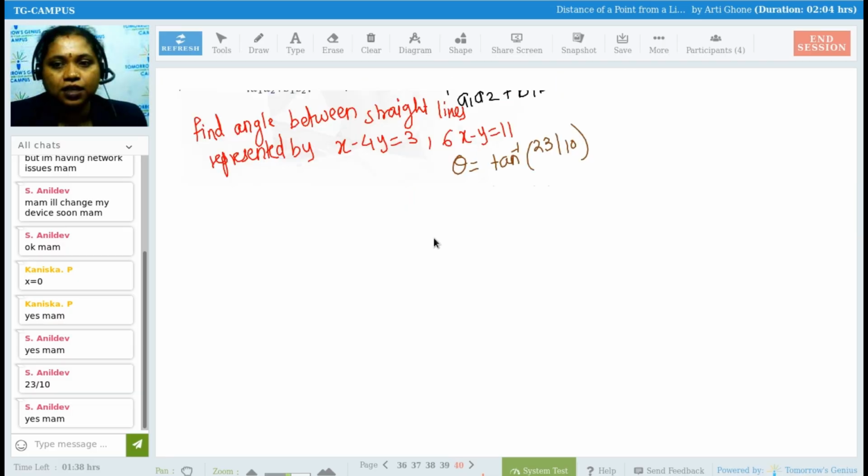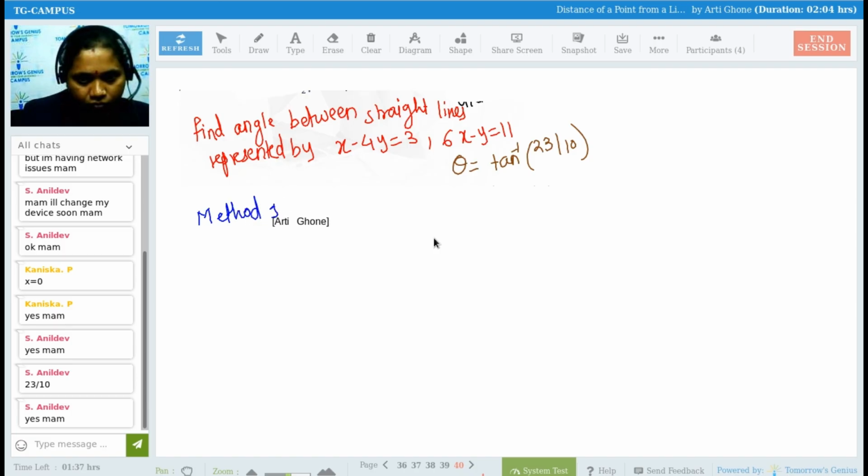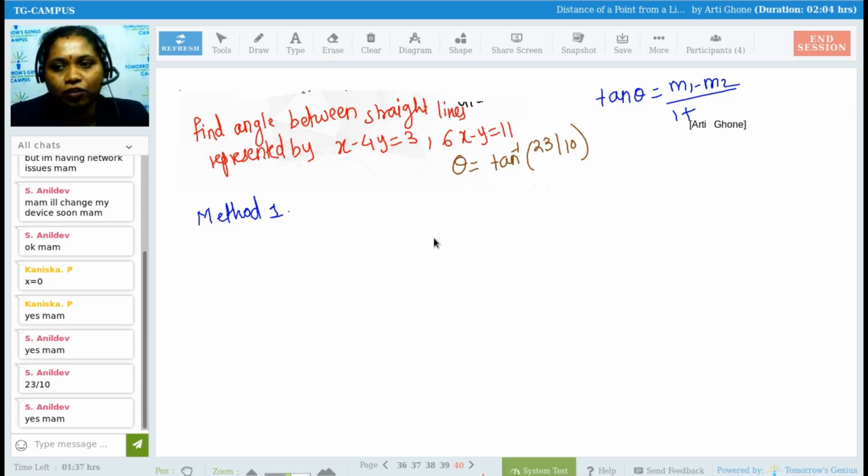Okay. See, this is our question. Either you can do it by method 1. If you know only the formula that tan theta is equal to mod of m1 minus m2 upon 1 plus m1 m2, you don't know the last one, the most complicated formula. You just know this one.